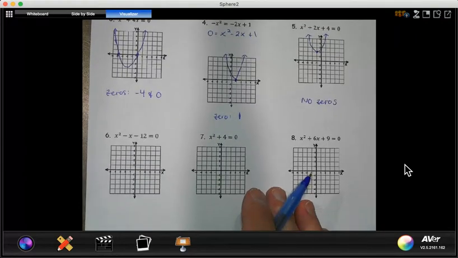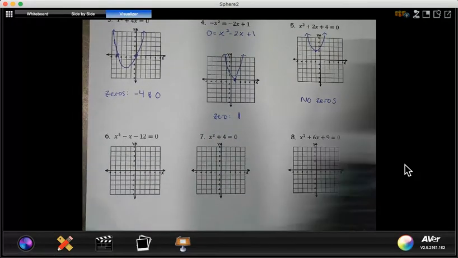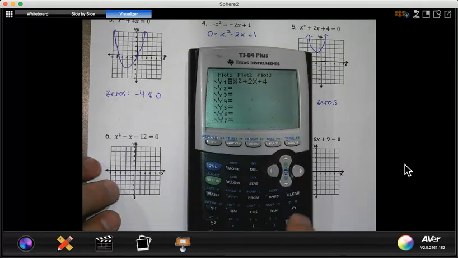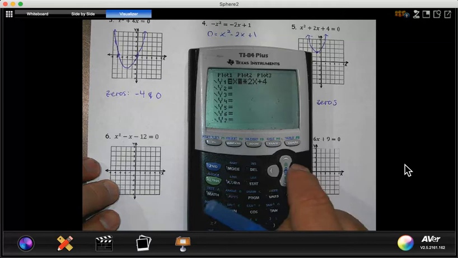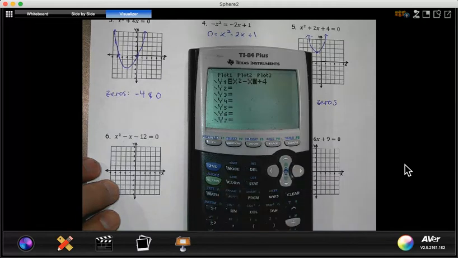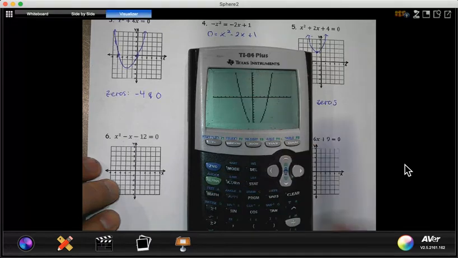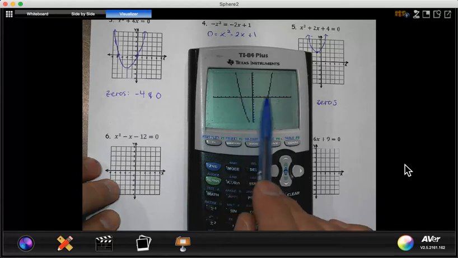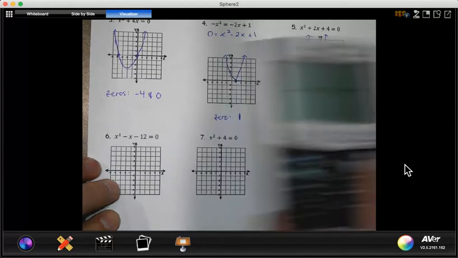All right, let's do these graphs, 6, 7, and 8. It's as easy as just typing it in your calculator. So go to y equals x squared minus x minus 12, hit graph, and see where it crosses. It crosses at -3 and 4.